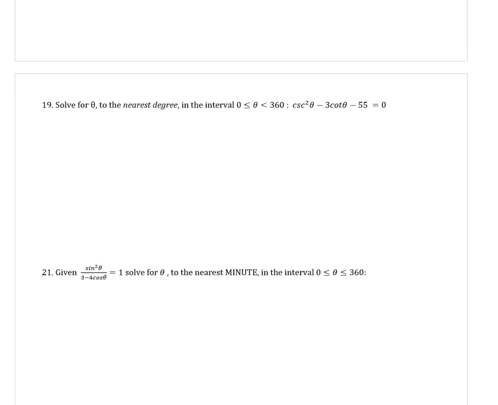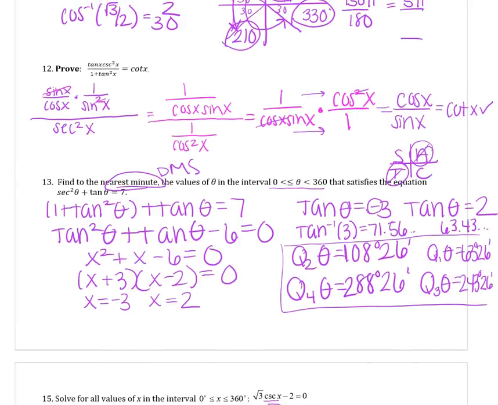Okay, solve for theta to the nearest degree in the interval of 0 to 360. And we've got cosecant squared and cotangent. So just like our other problem, our functions aren't matching. So we should look at our identities to see can we substitute anything in for cosecant squared, which we can, and then see if it will match cotangent. We go back up to our identities.